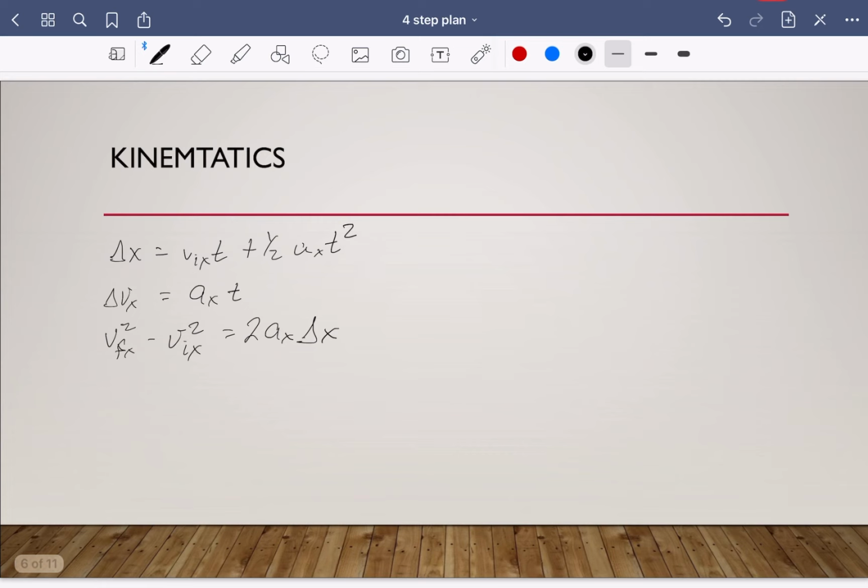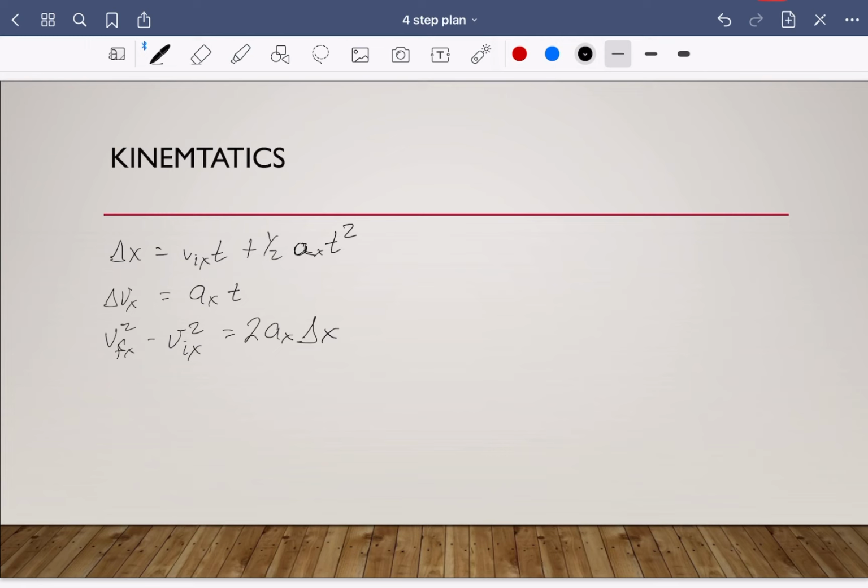Kinematics is oftentimes used with Newton's second law and some of these other ideas, and they're just equations that allow us to go from something like Newton's second law that says F equals ma to get a distance out of it. So if we remember correctly, and I'm breaking this into components, I can say things like the change in displacement is equal to the initial velocity in that direction times time plus a half the acceleration in that direction times time squared.